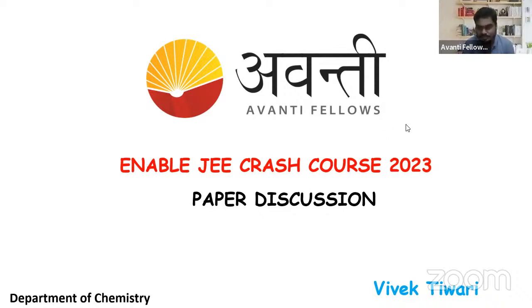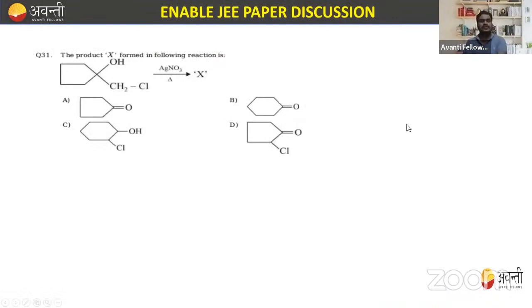And yeah, this is your first question. What product X is formed in the following reaction? So here we have four options, A, B, C, D. Out of these four, which one is the correct one? Let me ask you first: according to you, which one is the correct option?